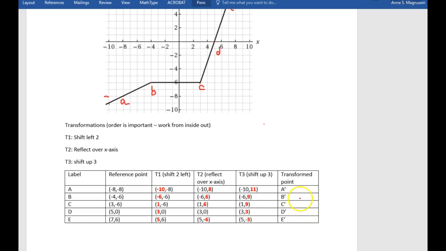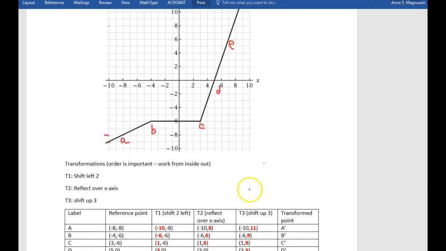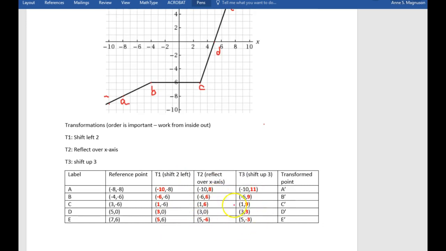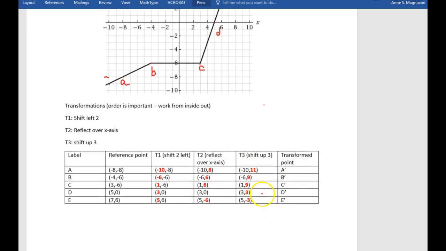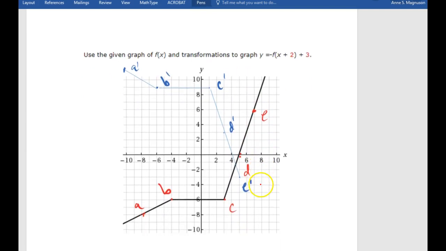And that's the final transformed point, which I'm marking A prime, B prime, C prime, etc. You're not going to want to graph all these intermediate points, or else you'd have a million points on your graph. You just want to graph the last transformed points. And then you want to join them the way that they're joined in the original graph.